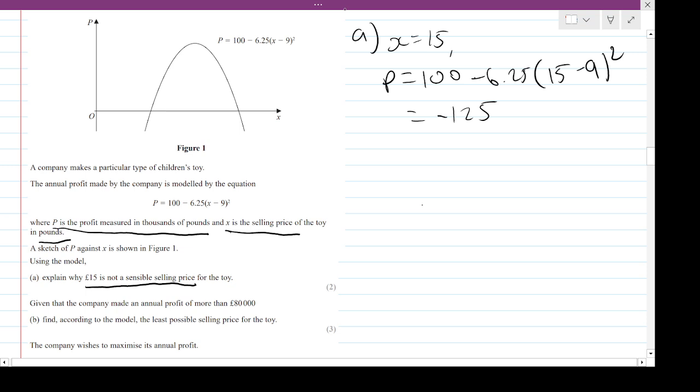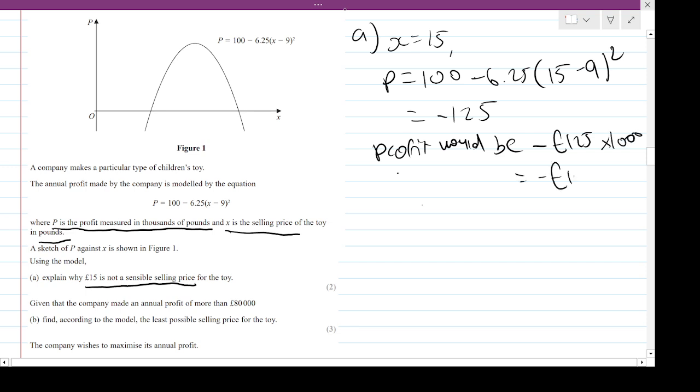Okay, well, instinct is telling me I got a negative. So in real life, that probably doesn't make sense. What does P represent? Well, again, I underlined it. P is the profit measured in thousands of pounds. So that's telling you the profit would be negative 125, but it's in thousands of pounds, so I need to times by 1,000, which should be negative 125,000, so £125,000.